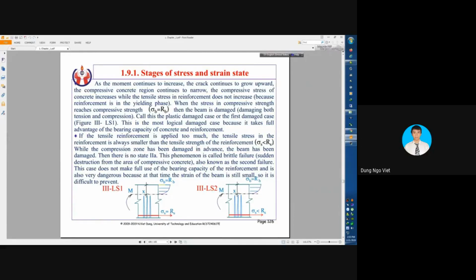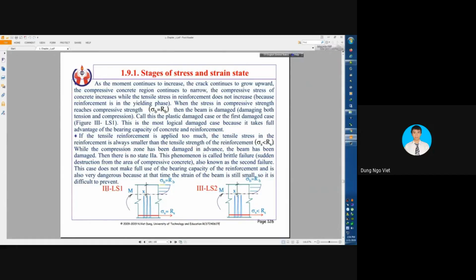When the compressive stress reaches the compressive strength, the beam is damaged, both in tension and compression. We call this the plastic damage case, or the first damage case.